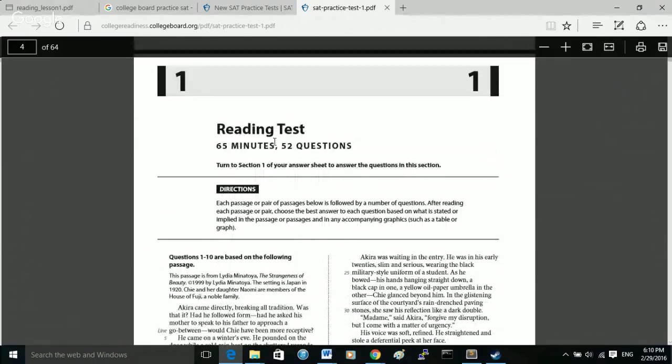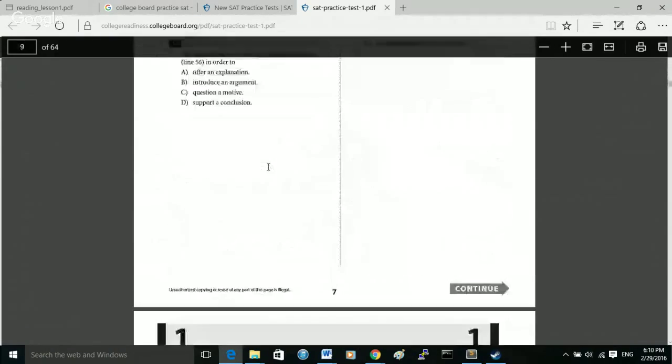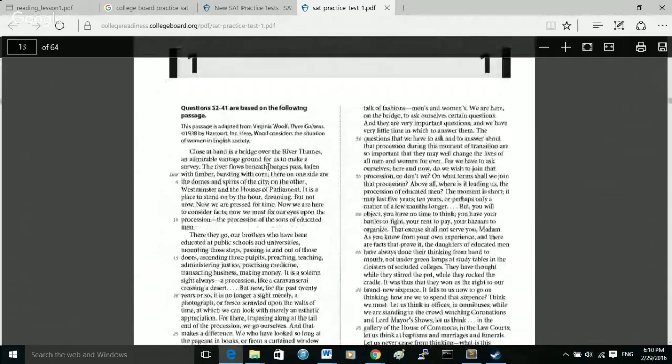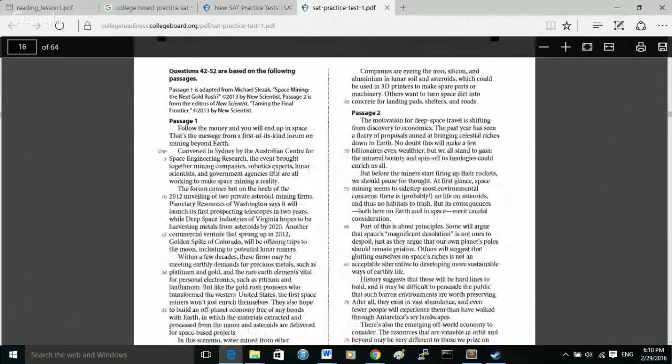Okay, so as we said before, there's 65 minutes to answer the whole reading section, and here's 1 passage, 2 passages, 3 passages, and 4 passages, and then 1 double passage.